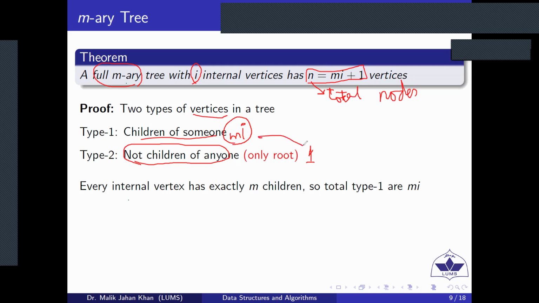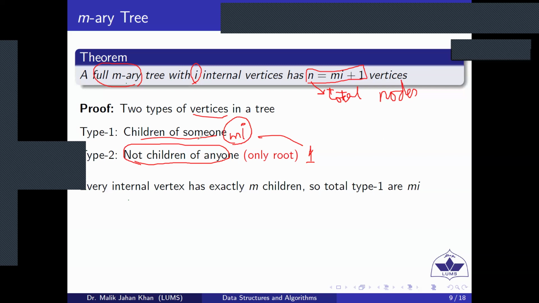If we add these two things, that gives us n = mi + 1. So these are the total number of vertices which a full m-ary tree can have. If the tree is a binary tree, then m will be replaced with 2. So does this expression, or this property or theorem, make sense?